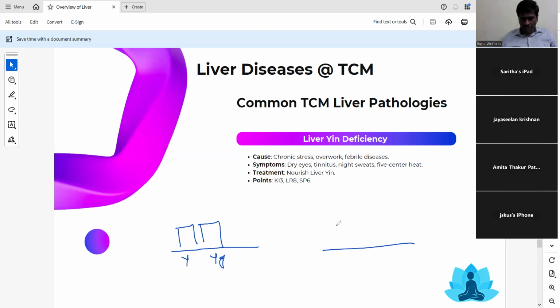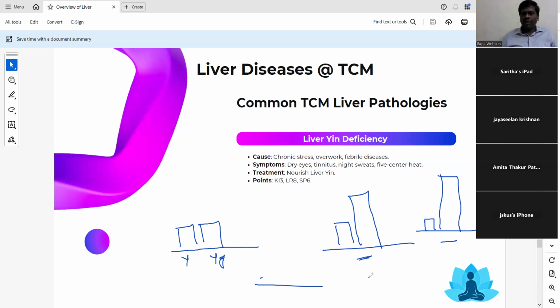In another condition, yin is at the same level, but this is flaring up. In another condition, yin is reduced, and this is flaring up. And another condition, so now this is related to yin deficiency and yang excess.